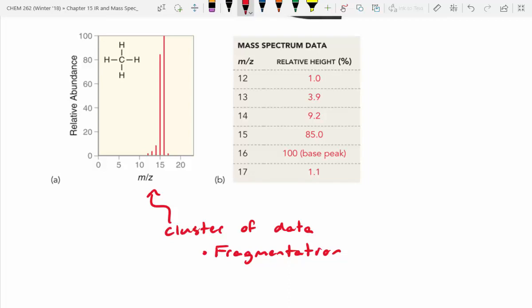However, the remaining 1% are different isotopes of carbon, right? So mass spec can actually see isotopic distribution of various atoms, and that's why we see a little bit of range. Specifically, this peak right above here, you can see that's most likely due to the carbon-13. Carbon-13 is something we can see via mass spec. Carbon-14 is so minimal in our environment, it's really tough to see unless you've got a high-end spectrometer. So you can see fragmentation and you can see isotopes.